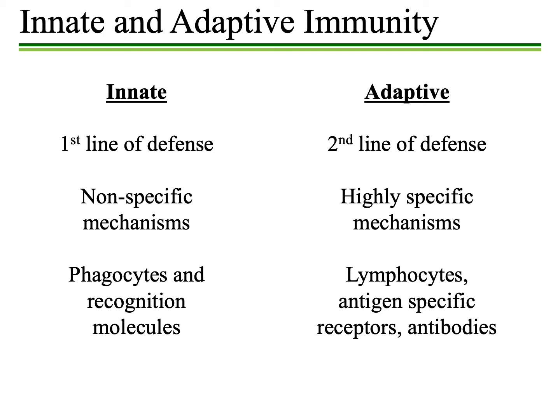There are antigen-specific receptors and antibodies involved. The adaptive immune response develops in response to an infection and is species-specific. Typically, the response time takes several days, and there is a persistent memory component. That is, once the adaptive immune response has kicked in, you have memory cells that can detect that same pathogen upon a subsequent exposure.